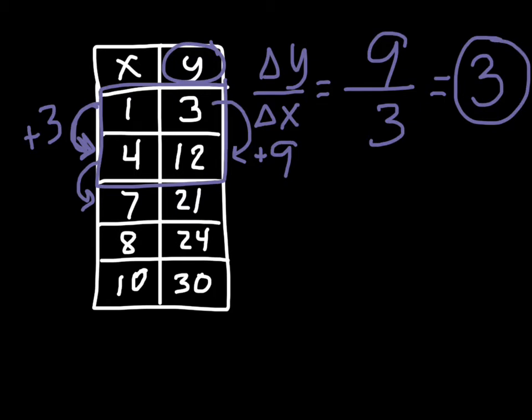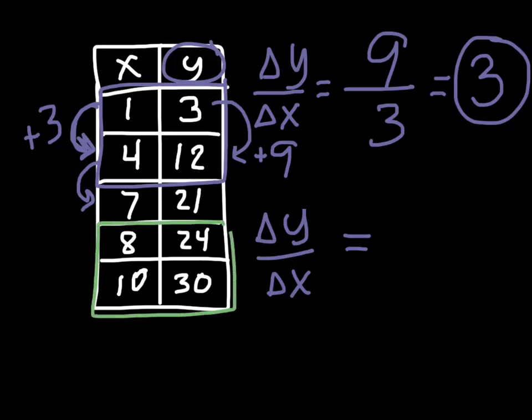Now I'm going to check my rate of change at another part of my table. So I'm going to check from maybe these two right here. Okay? So I'm going to check my change in y from 24 to 30 is 6. My change in x is 2.